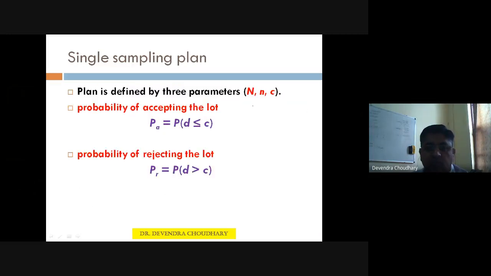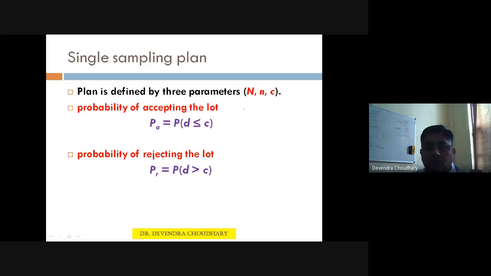These are the two important parameters of a single sampling plan, and we have to determine the optimal values, because you will see later during this session that the producer wants to keep sample size as low as possible and acceptance number as high as possible, whereas the customer wants to keep sample size as large as possible and acceptance number as low as possible.